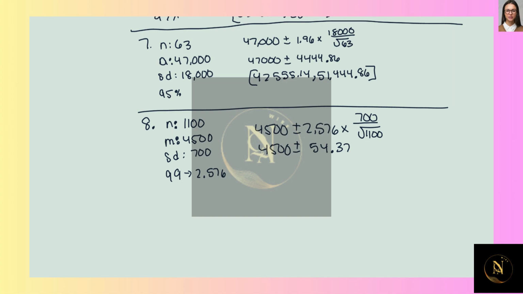So 4,500 minus 54.37 is 4,445.63, and then adding that together, that is 4,554.37.